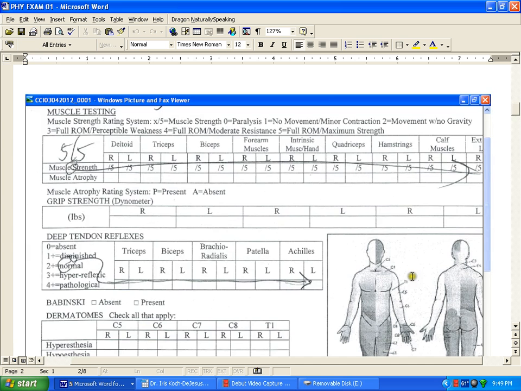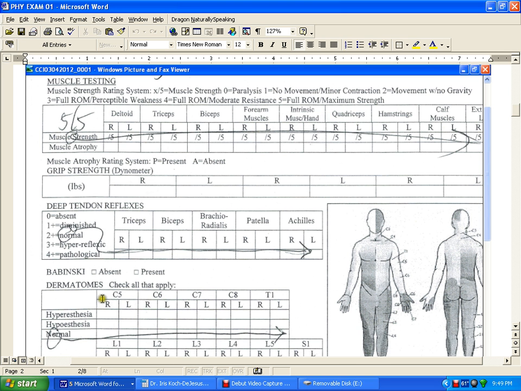Now we have the screen for muscle testing. This is the neurological page, and this is what we're going to be talking about right now.